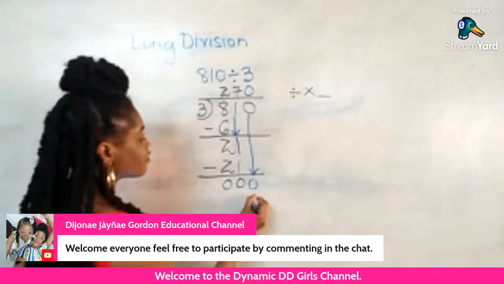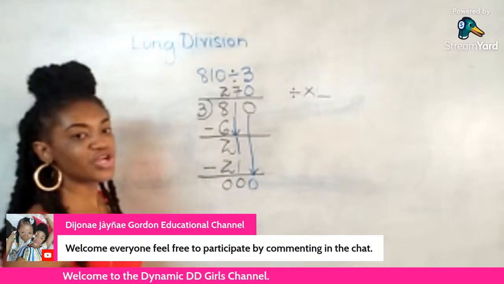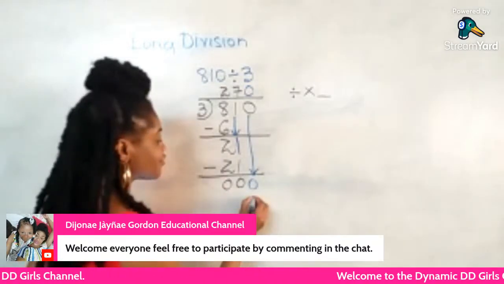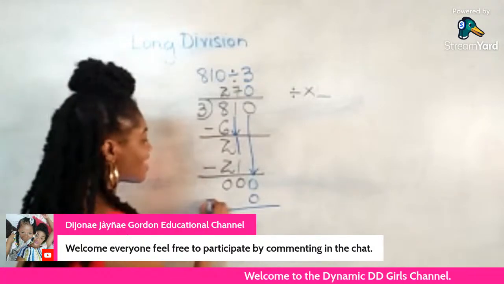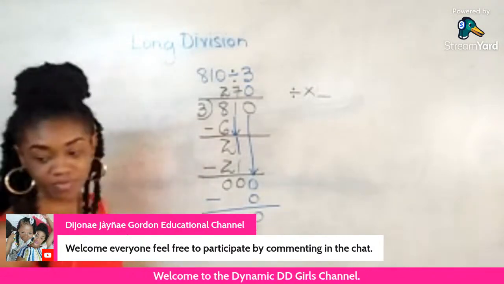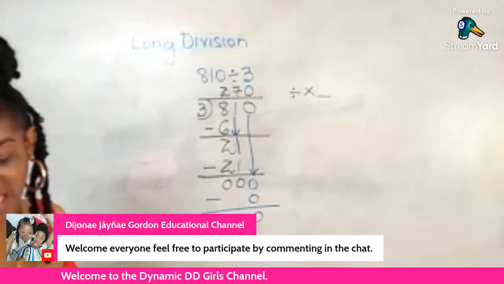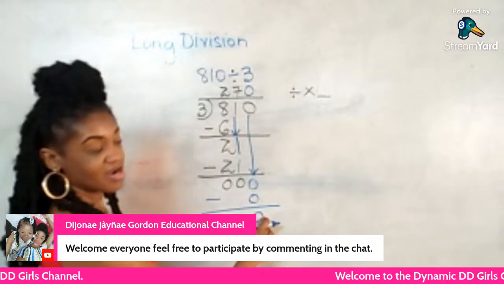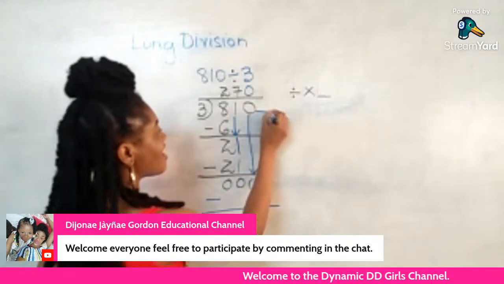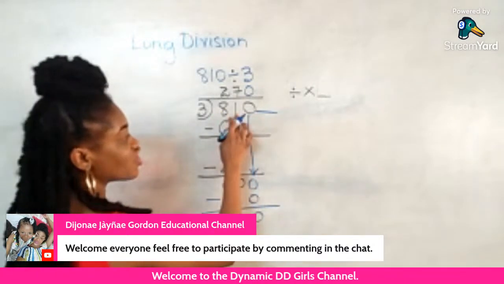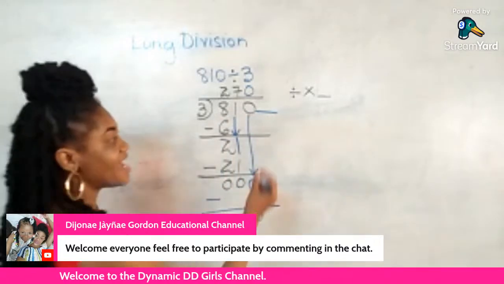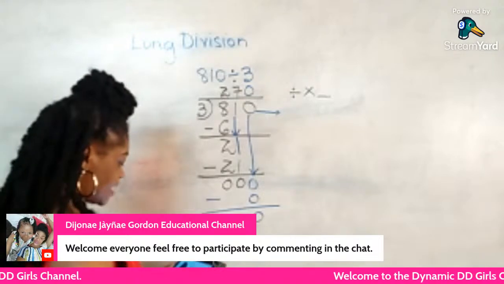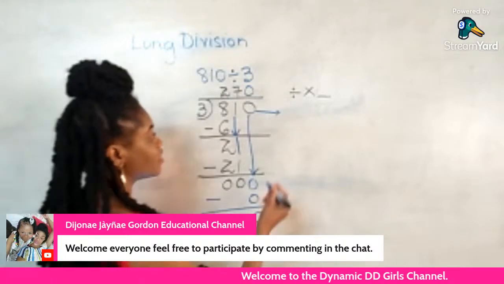And of course, any number you multiply by 0, you are going to get 0. And of course, I'm going to draw my line and I'm going to take away. And of course, in this case, we have 0 remainder. And of course, we have 810. And 810 in this case is known as your what? 810 is known as your dividend.